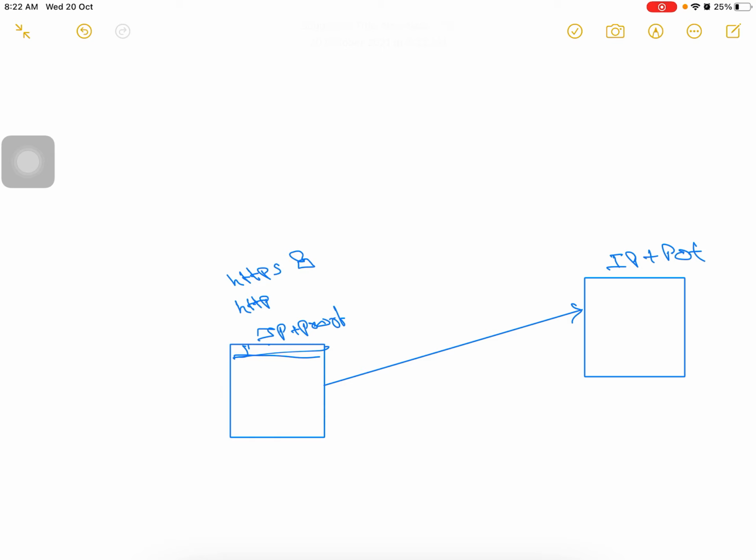If we could take a time machine and go back 20 years or 50 years, how did we communicate from human to human? We had postal networks.